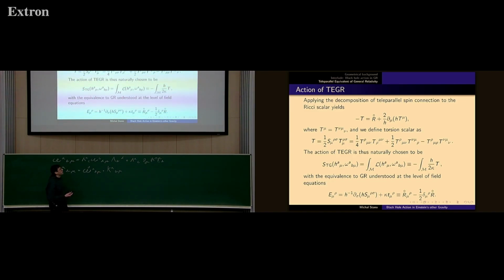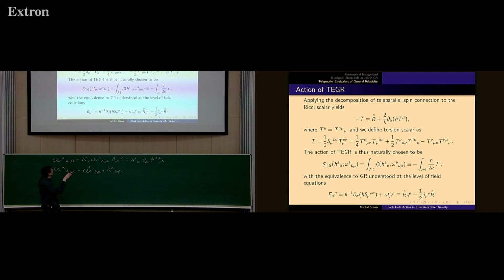And now it is very natural to consider the teleparallel action to be just given as a volume integral over this torsion scalar, right? If we do this, we can immediately see that the teleparallel action will be dynamically equivalent to the GR action because it's equivalent up to a total derivative term. And we all know that total derivative terms do not contribute to the field equations.